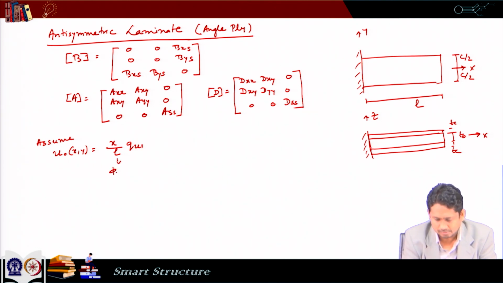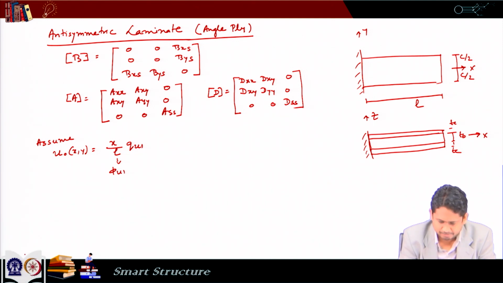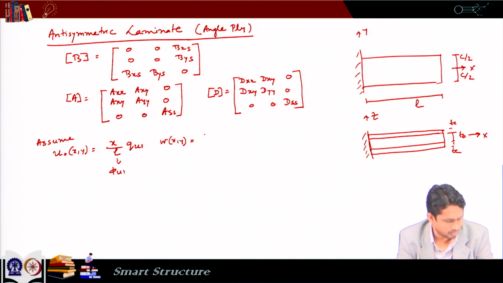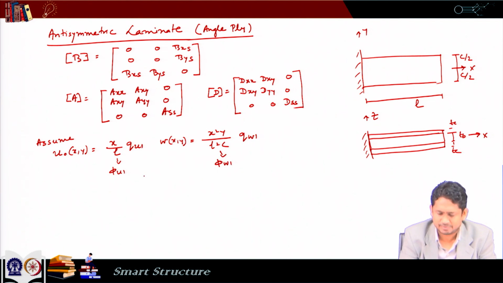So, this is our phi u1, and for W, let us make the approximation to be x square y by L square c, q W1, and this is called phi W1, and we have V0 as 0.